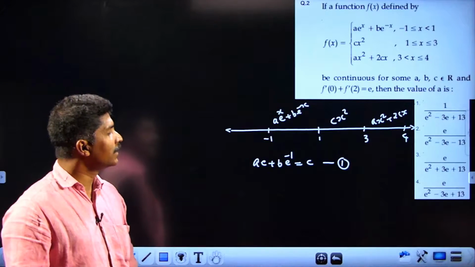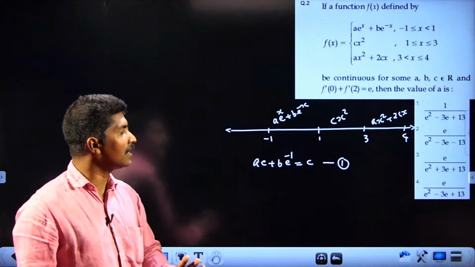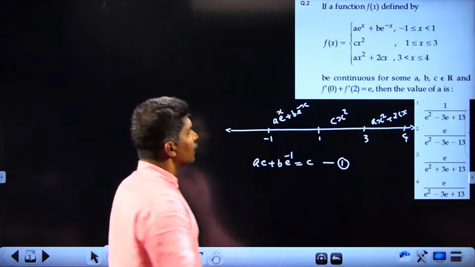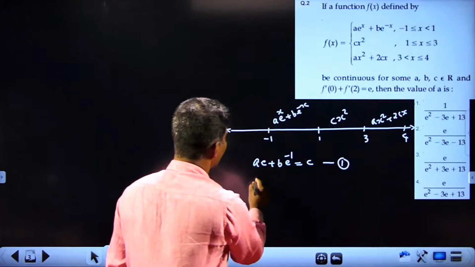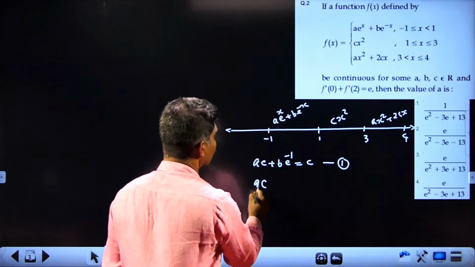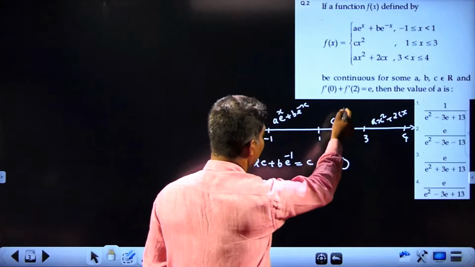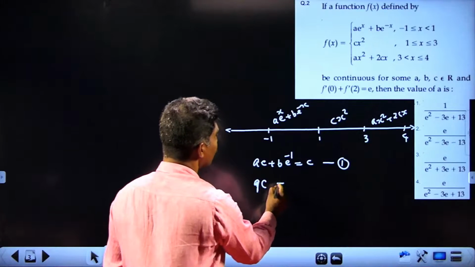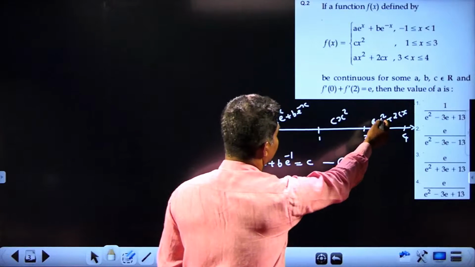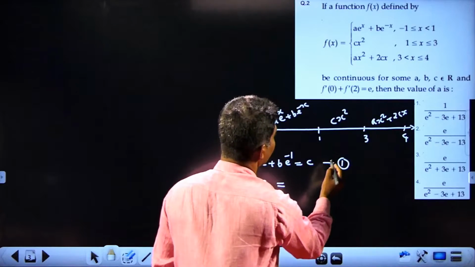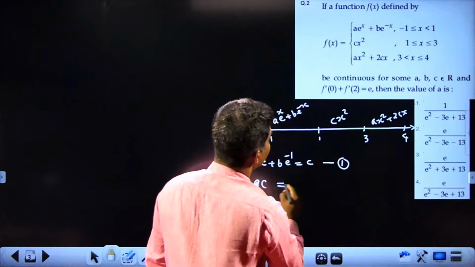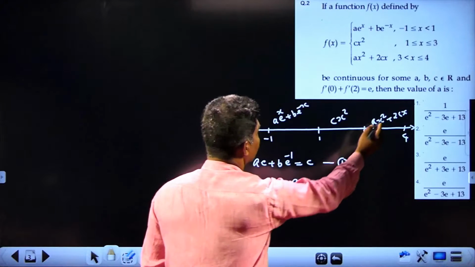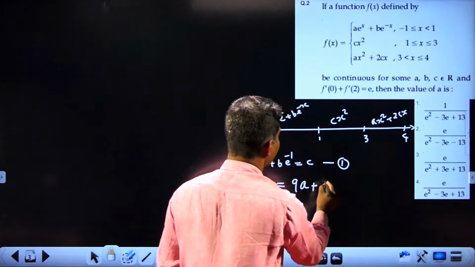At x equal to 3 also, we will apply the same condition for continuity. So c into x square, that is 9c, 3 square is 9, 9 into c, 9c, is equal to 9a plus 2 into 3, 6c.